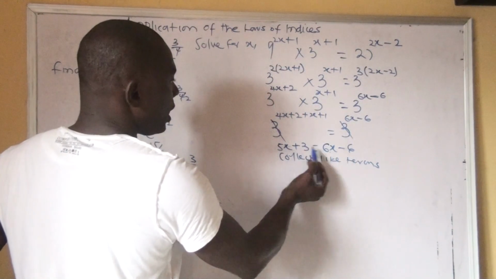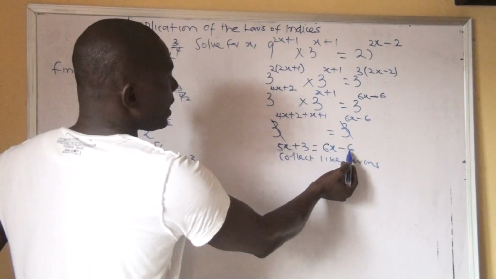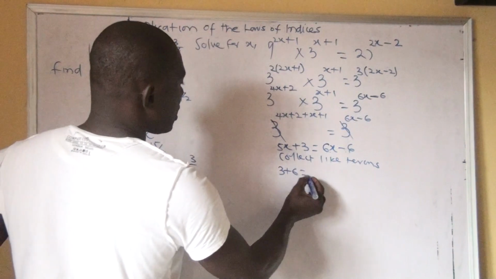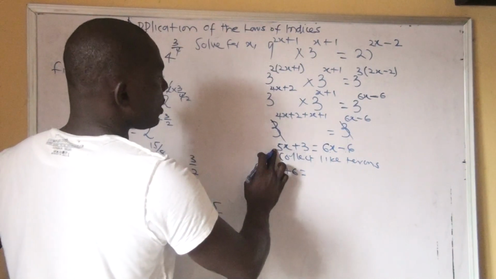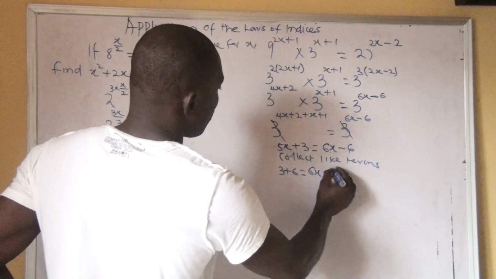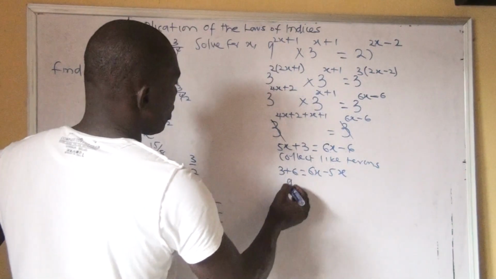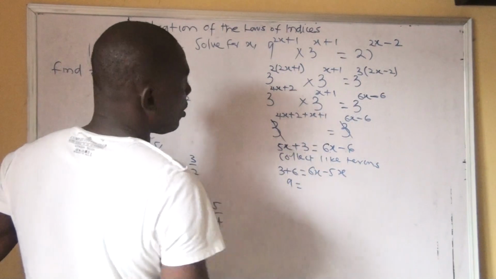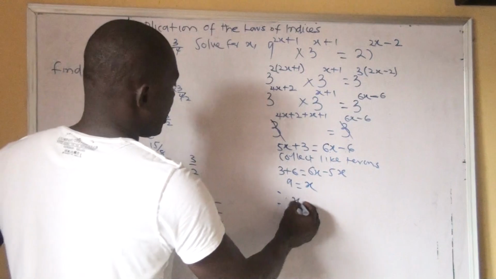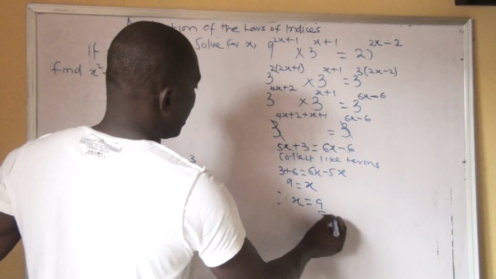Plus 3 and minus 6, this one is smaller, let the smaller one come here. So this will become 3 plus 6. This is plus 5x, as it goes this way, it becomes 6x minus 5x. Here this will become 9, and 6x minus 5x is just x. So we say therefore x is equal to 9.